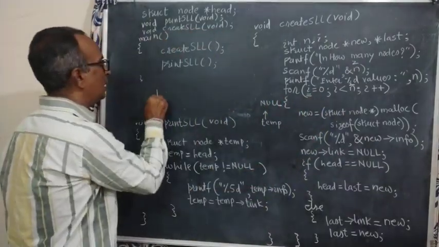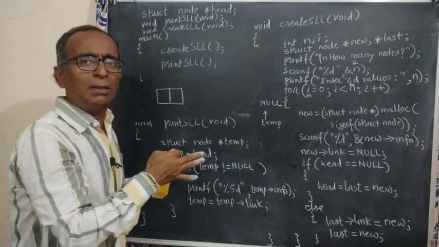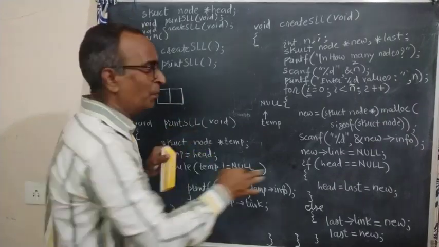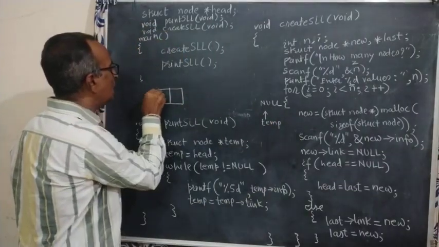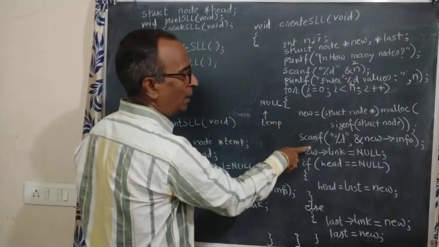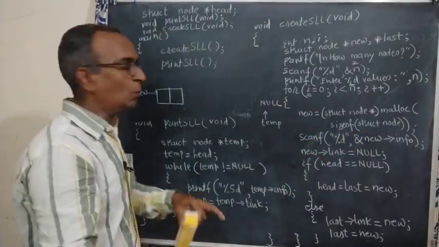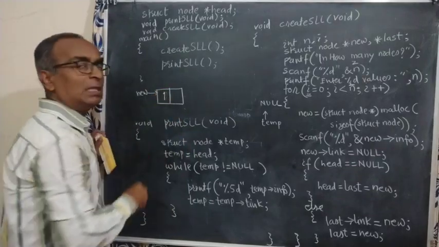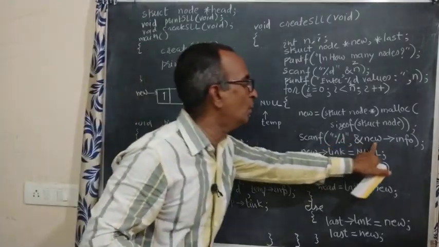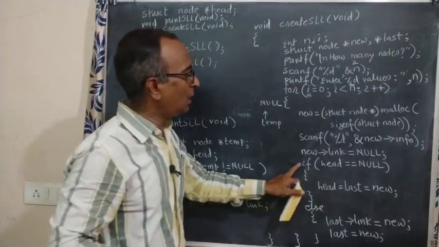A new node is created. See, draw this figure so that it will be clear. A new node is created; this memory is pointed to by new by this statement. Scanf, new's info: whatever you are entering from the keyboard will be given into this info of new's info. New's link you are setting to null, then it will come here.